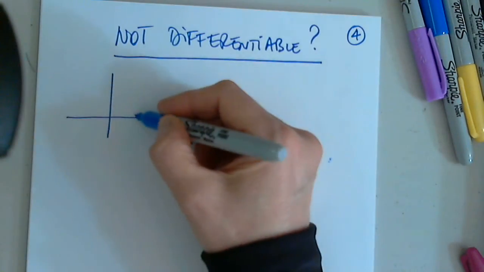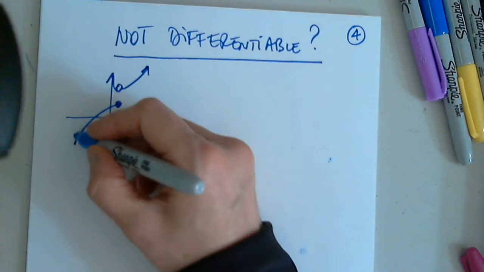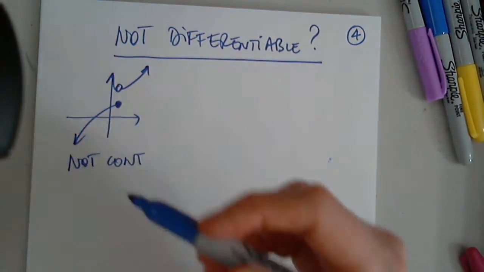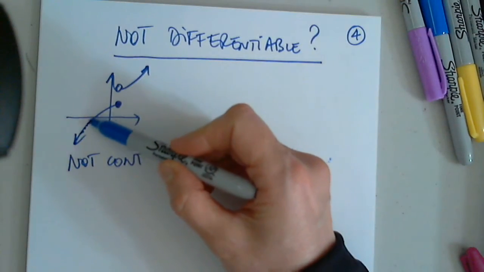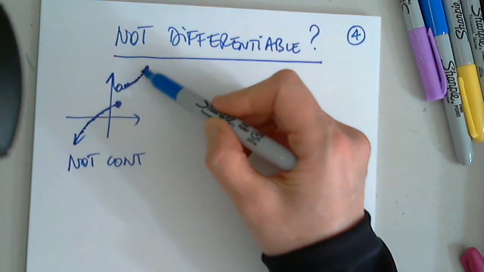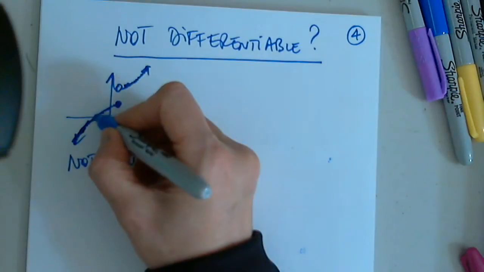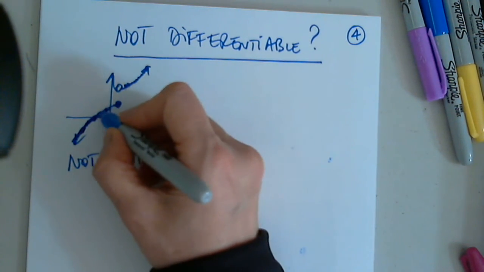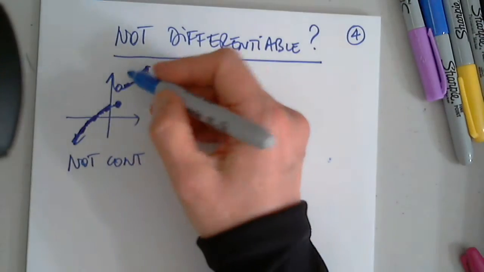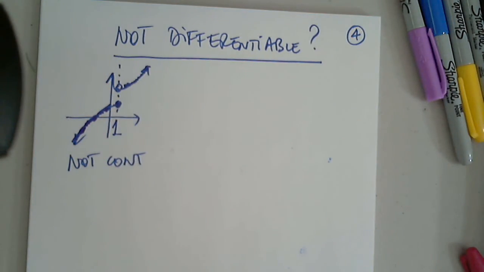Here is one: not continuous. It is differentiable everywhere here. I can create a tangent and find the slope. I know the instantaneous rate of change everywhere, but not at this point. At 1, the function is not continuous.